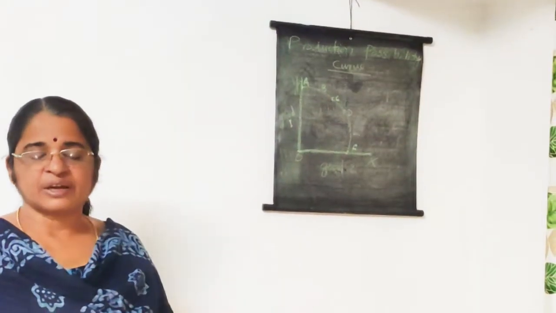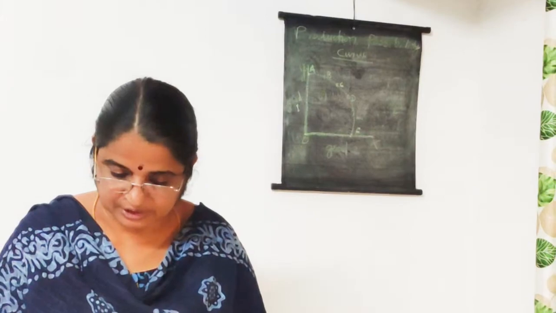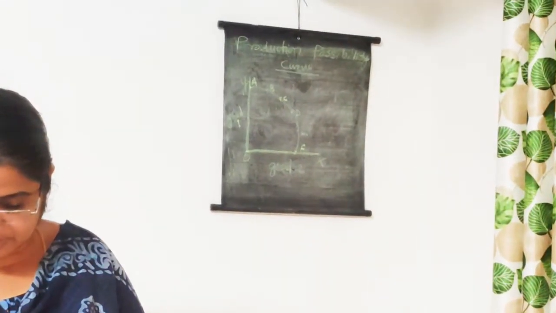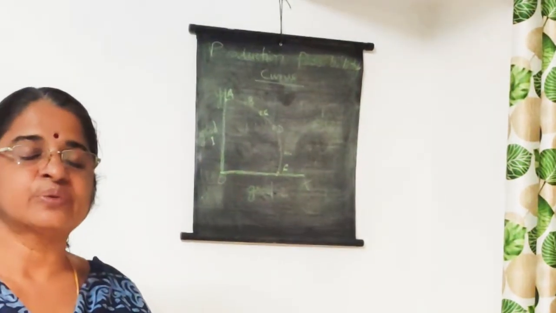We can define production possibility curve as a locus of points of combinations of two goods that can be produced in an economy with the available resources and the given level of technology.